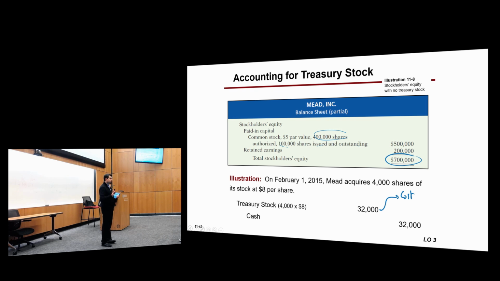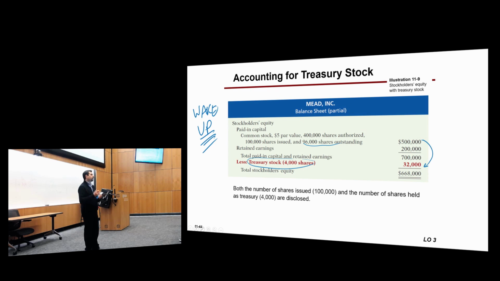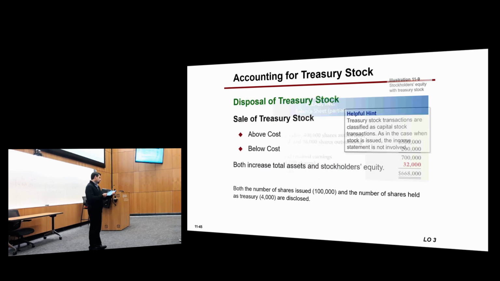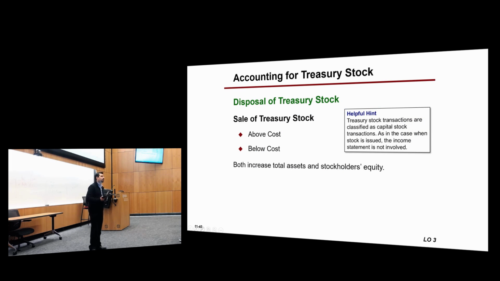That's not an asset. This is simply the company buying back part of their stock. So they are basically giving back part of their equity. This is why owner's equity will decrease. So this is when the company buys treasury stock.